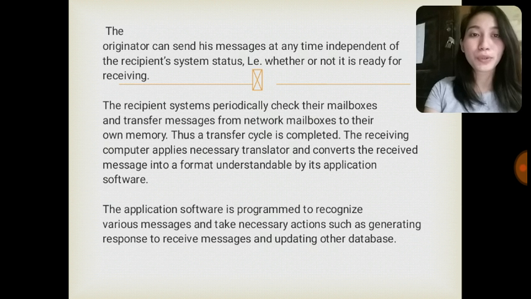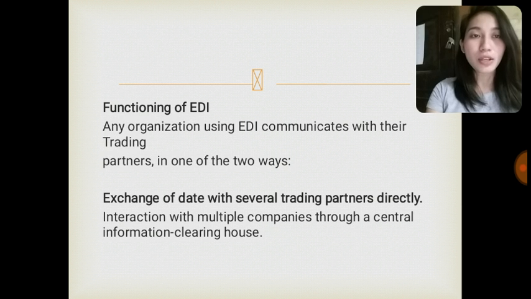The receiving computer applies the necessary translator and converts the received message into a format understandable by its application software. The application software is programmed to recognize various messages and take necessary actions such as generating responses to received messages and updating other databases.